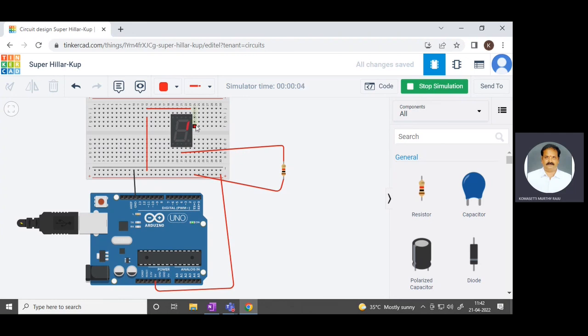Therefore, this is the common anode 7-segment display. First, for a given display, we have to identify whether it is a common anode 7-segment display or common cathode 7-segment display. This is the common anode 7-segment display.